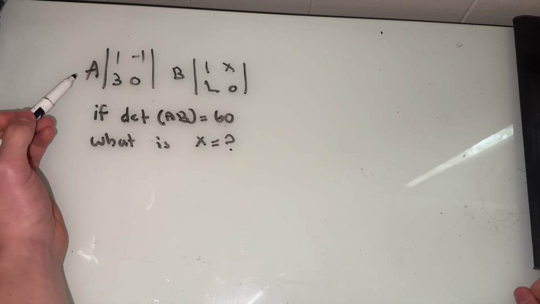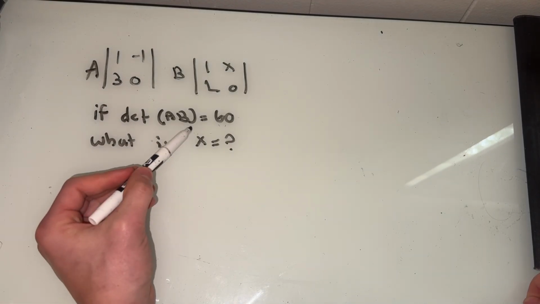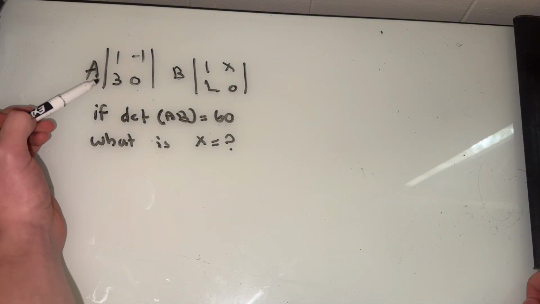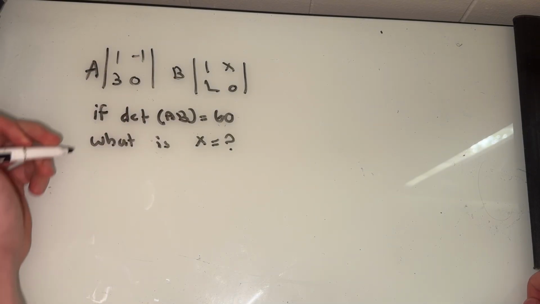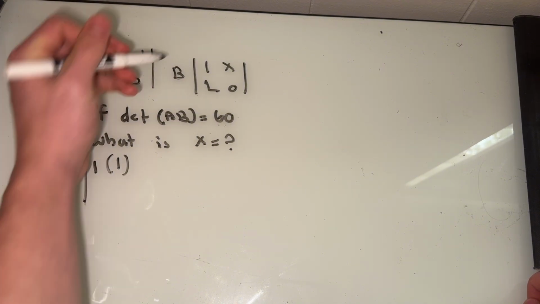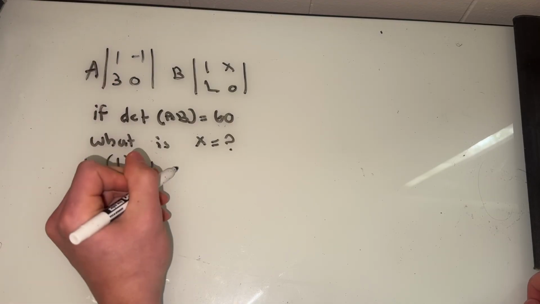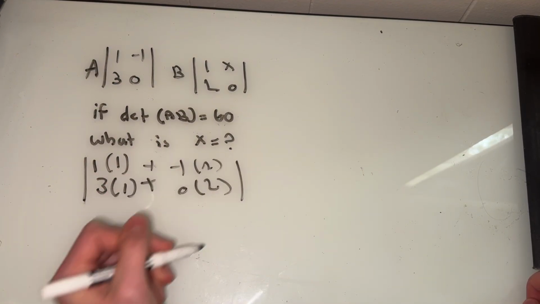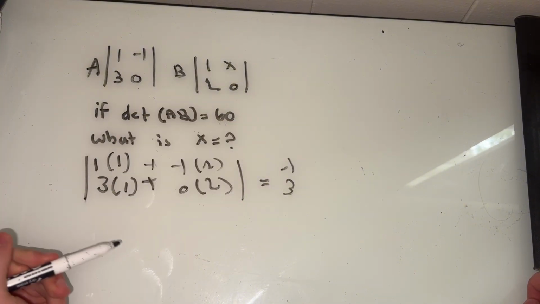Okay, for our next question, we have matrix A and matrix B. If the determinant of matrix A times B equals 60, what is x? The first thing we need to do is compute the matrix transformation. So starting here, we have 1 times 1 and 3 times 1 plus negative 1 times 2 and 0 times 2, which equals negative 1 and 3.